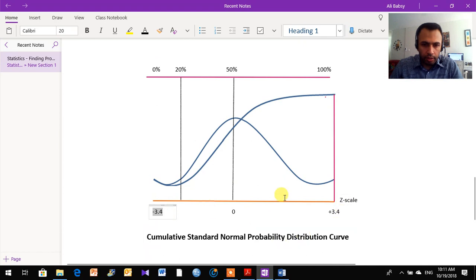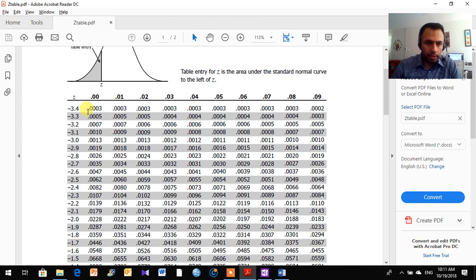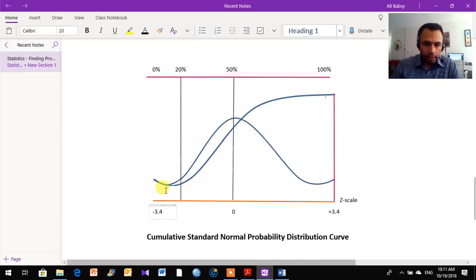Do not confuse the values on the Z scale with the probabilities inside. So when we are saying minus 3.4, we simply mean that it is minus 3.40. So the probability will be 0.0003, and that probability will place it in here. So it is very close to 0%.